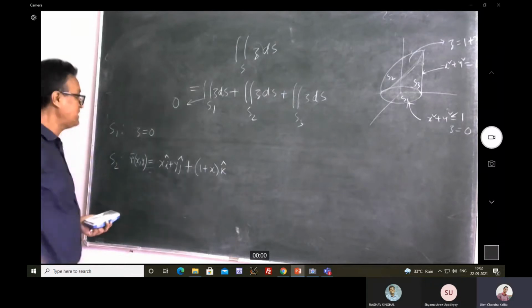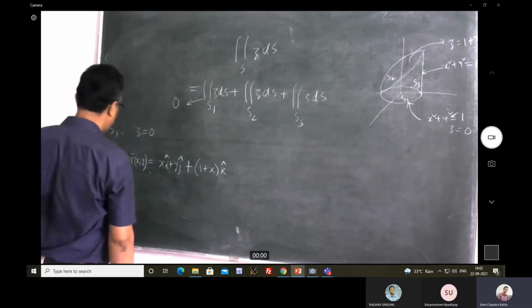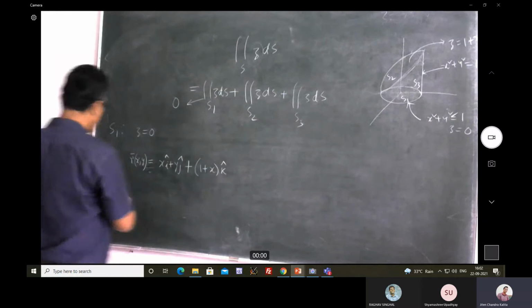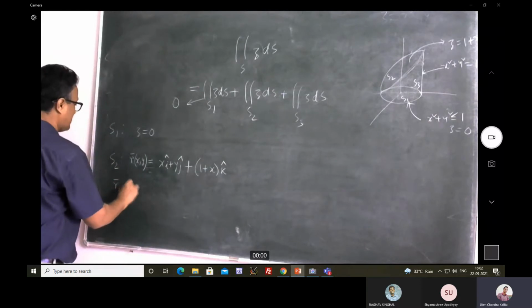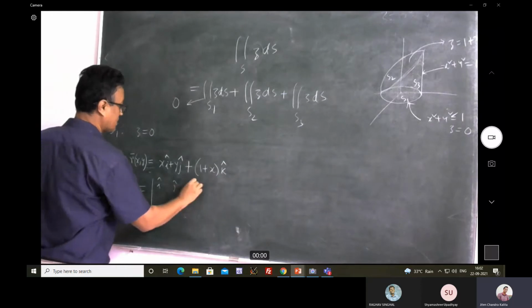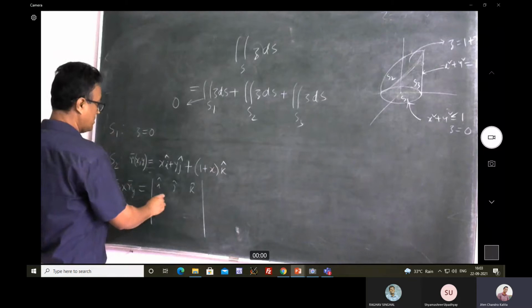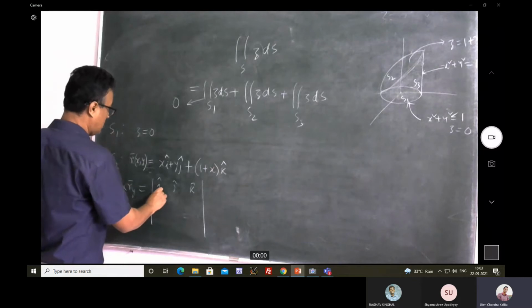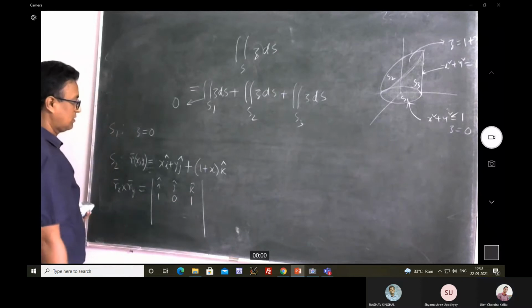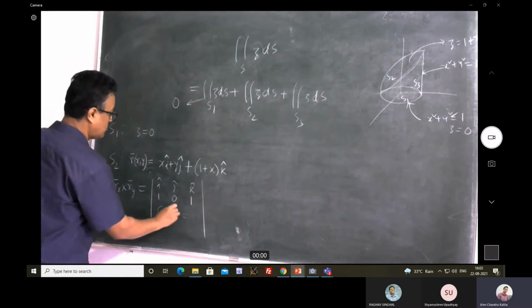So let me do it here itself: r_x cross r_y is going to be the determinant with i, j, k, then 1 0 1, and then 0 1 0.